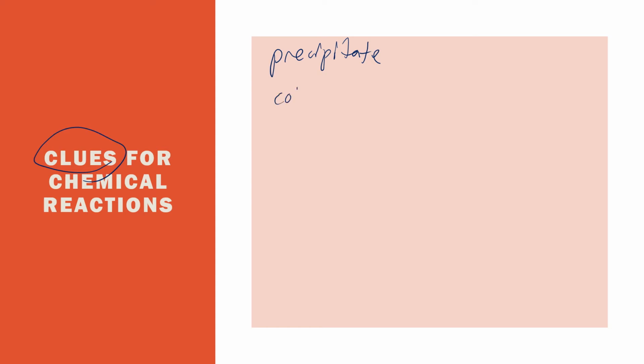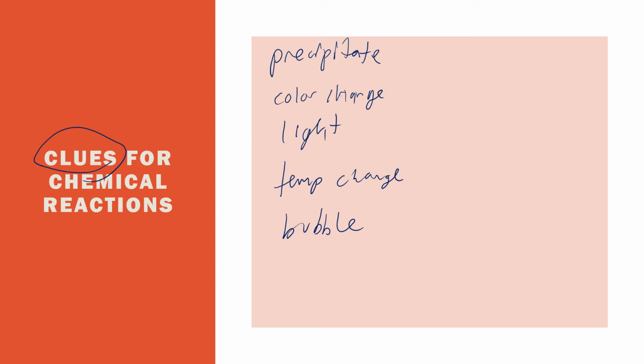If there's a color change, if the reaction produces light, so if it starts to glow, if there's a change in temperature, whether it's producing heat or absorbing heat, you'll see the temperature go up or down. And then another one would be if it's bubbling. And if it's bubbling, that means it's producing a gas.